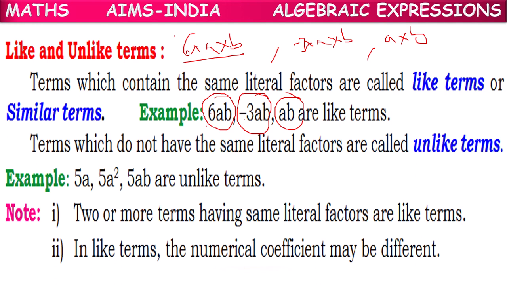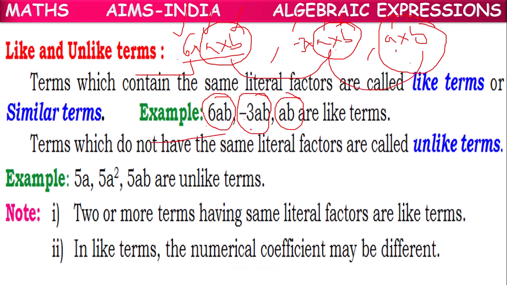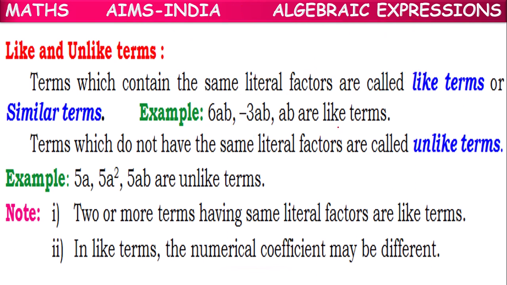Here 6 is the numerical factor, and ab are the literal factors. Here also ab are the literal factors, and here also. The literal factors are the same in all the terms, so they are considered like terms, or we can also call them similar terms.